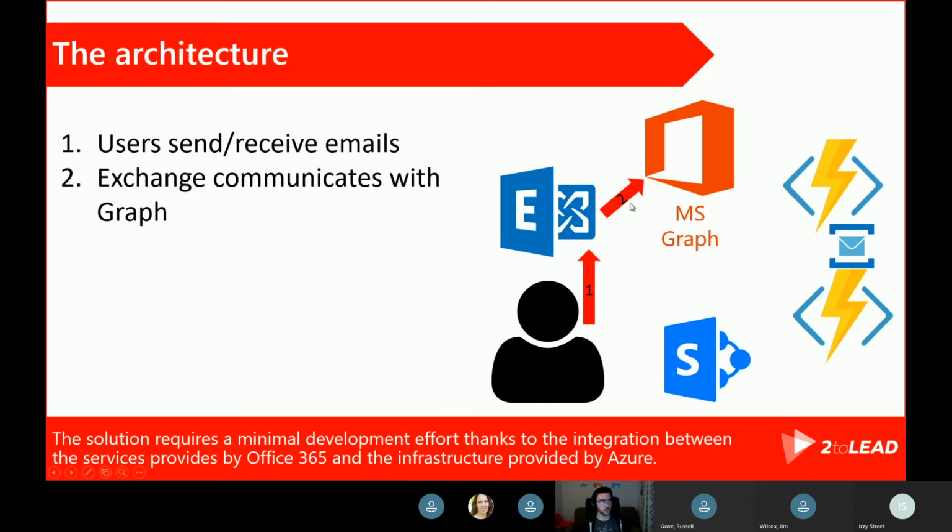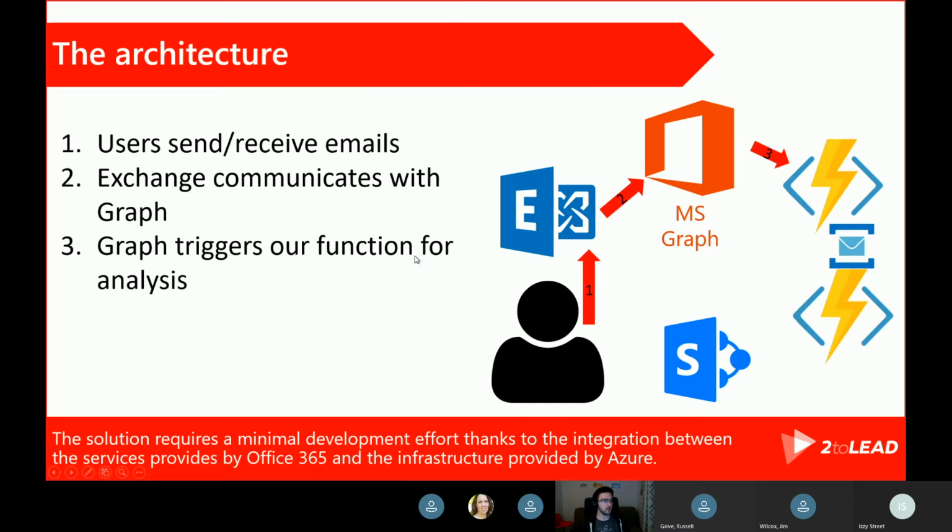When that happens, what you have to understand about the graph, and we'll deep dive in the graph later on, is the graph doesn't store any data itself for the major part. The graph is just an API, a proxy API to all the other workloads in Office 365. So whenever an email comes in, Exchange is going to notify the Microsoft Graph that something has changed.